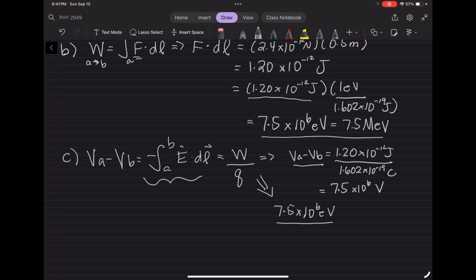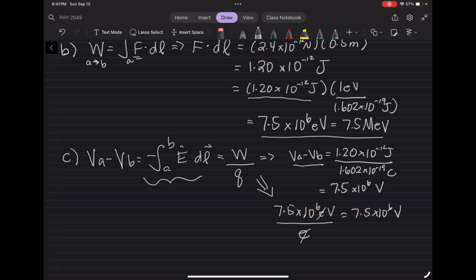If I divide that by e, the e's go away, and I'm just left with 7.5 times 10 to the 6 volts. Okay, so there's the utility of reporting your energy in units of eV, because then if you're asked for the potential, well, just drop the e, right? If you're asking for the potential that a positively charged proton would experience. So that's just a quick demonstration.